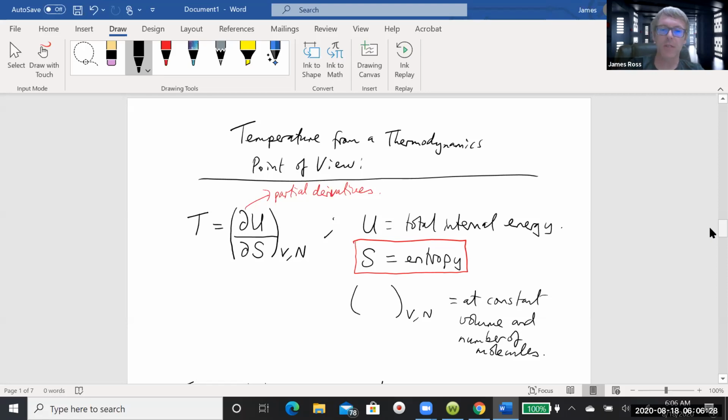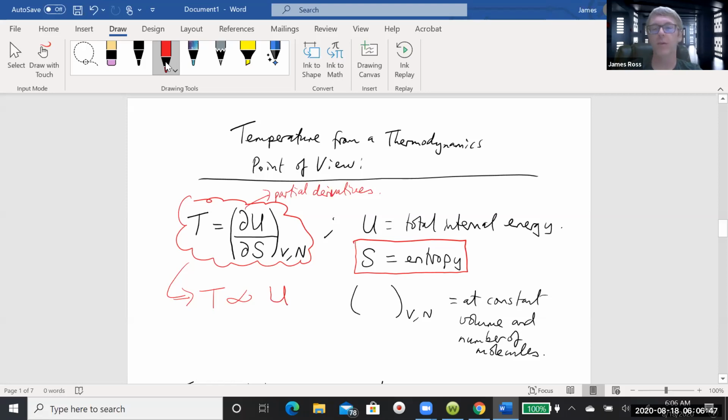Again, we can see temperature is proportional to an energy. So if you look at this expression and then break it down, it basically says that temperature is proportional to a type of energy. So we've seen that before.